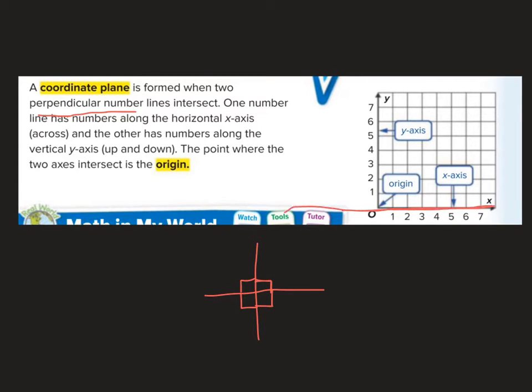It goes both ways and on forever because they're lines, not line segments. The other has numbers going along the vertical axis, so it's up and down, and that's called the y-axis. Where they meet is the origin, right there. Next page.